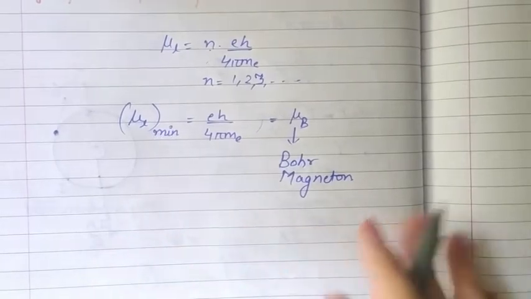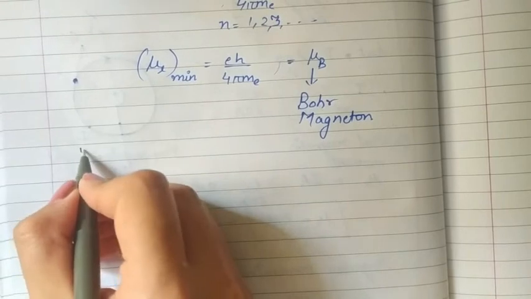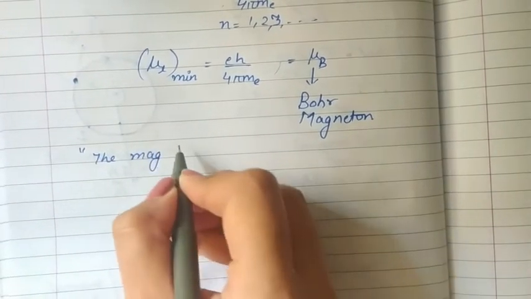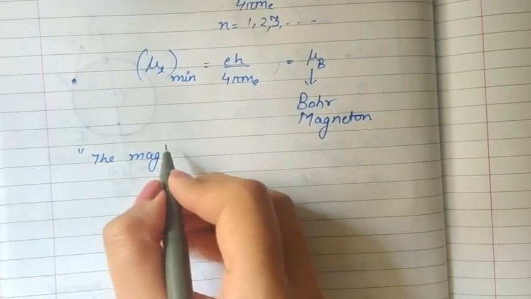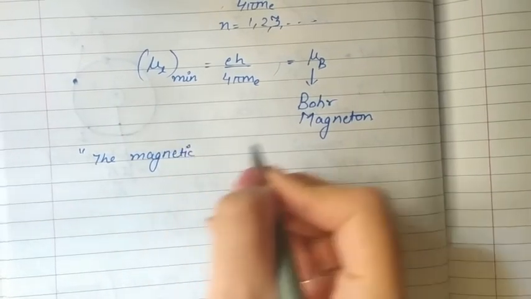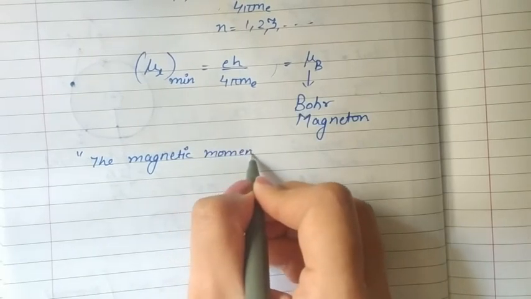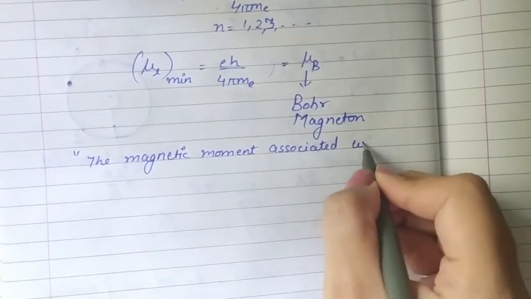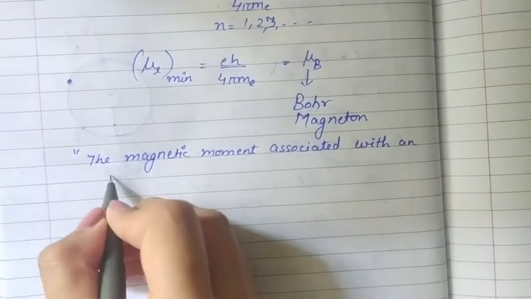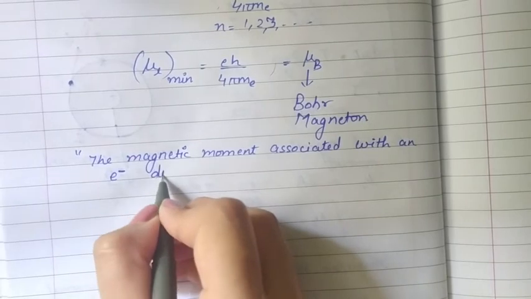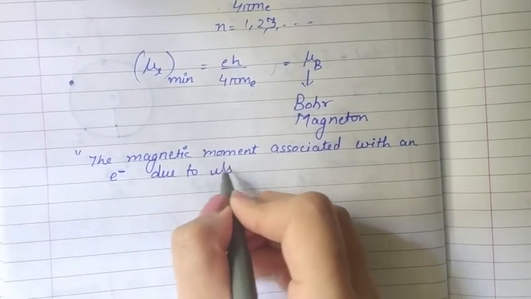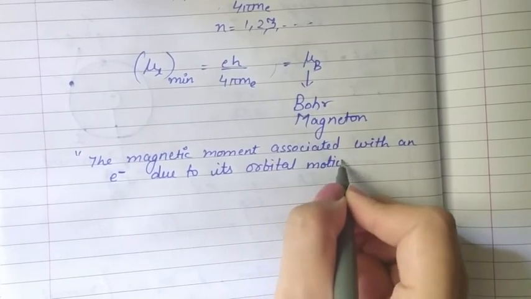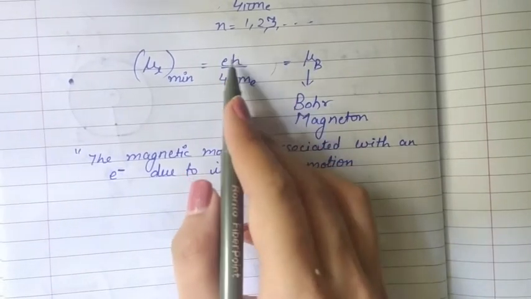Okay, so Bohr magneton can be defined as the magnetic moment associated with an electron due to its orbital motion, and the orbit in which it is moving is the first orbit, because we put n is equal to 1 here.